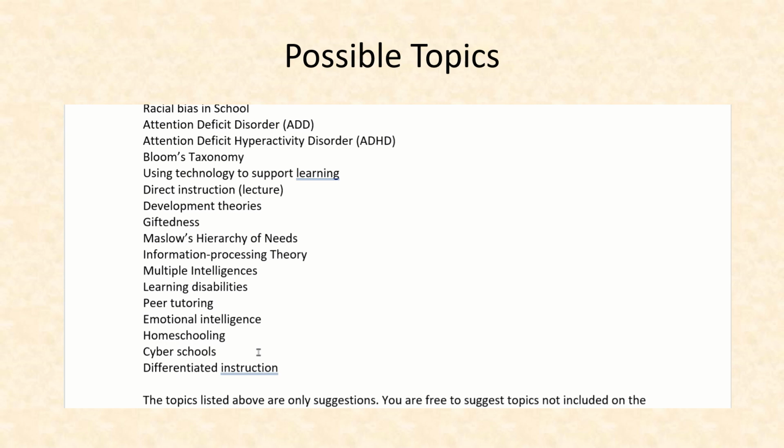Maybe something from the COVID pandemic is of interest to you. There are so many possible areas that you could research in the area of educational psychology. EdPsych really touches a lot of what we do in the educational field.